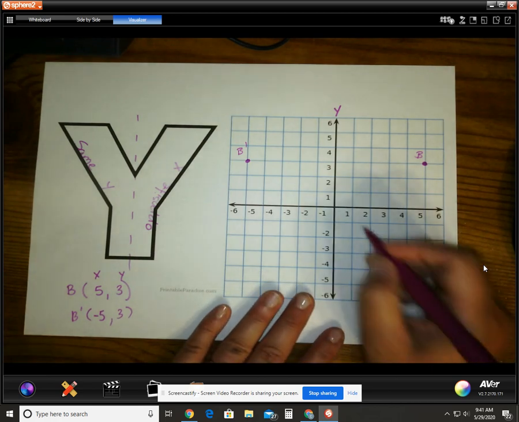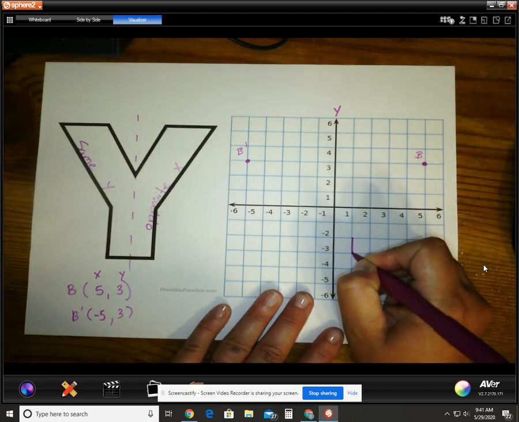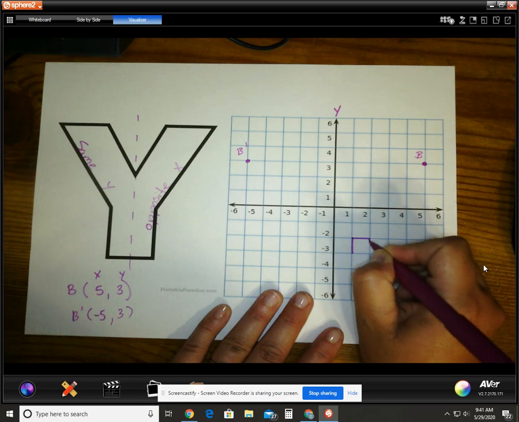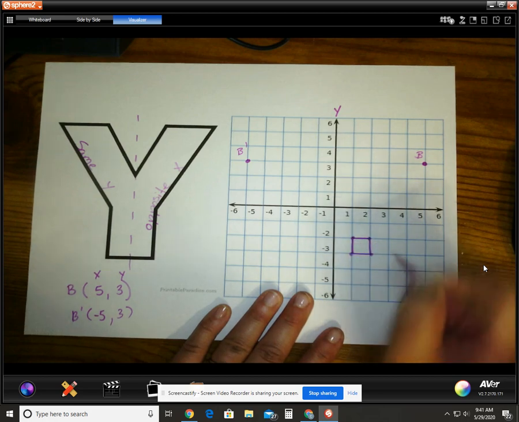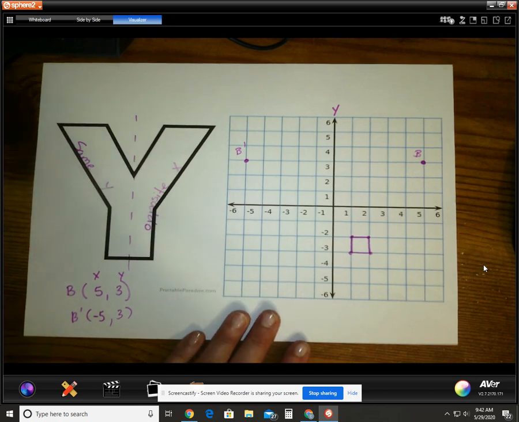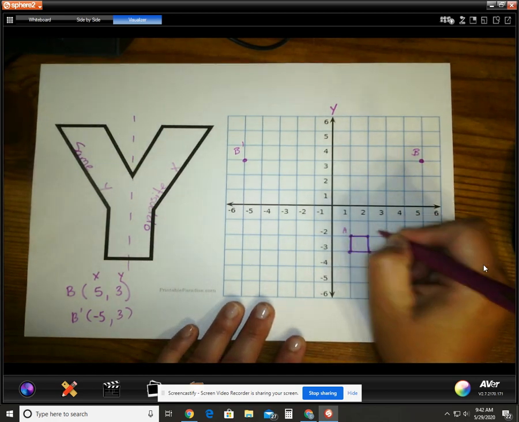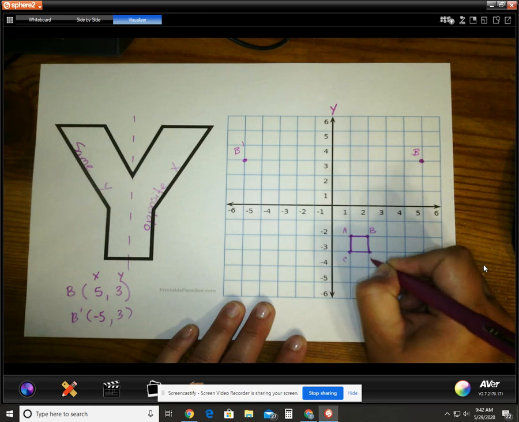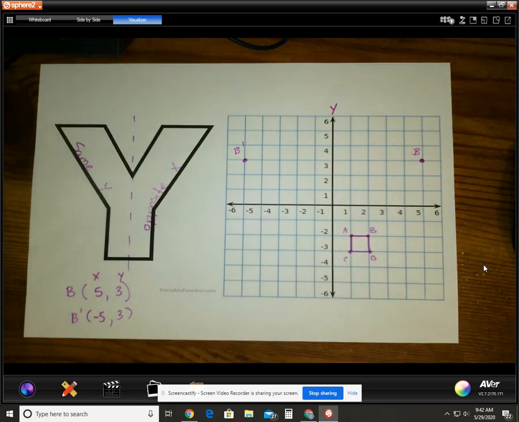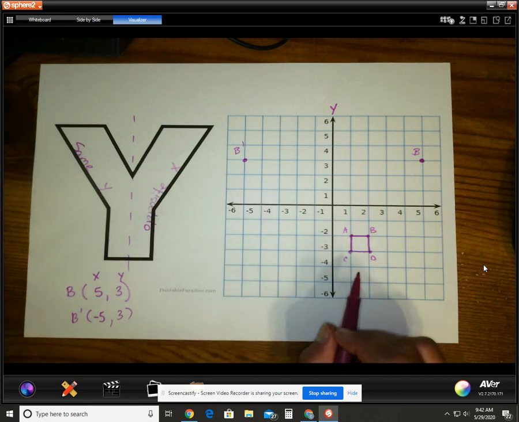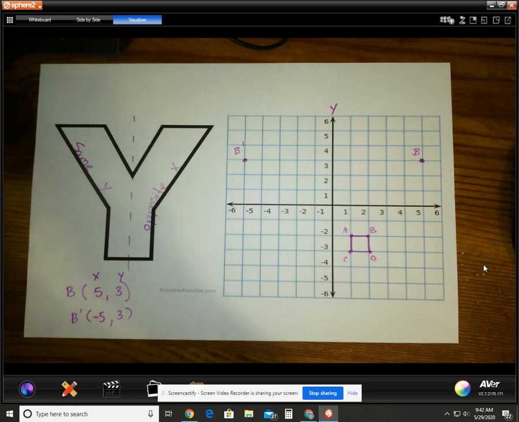What if I had this shape, the square right here? Okay. And I name the shape A, B, C, D. And I want to know its reflection. I know already you can look at this and go, oh, bam, I can throw that in there. But I need to know the coordinates for the reflection.